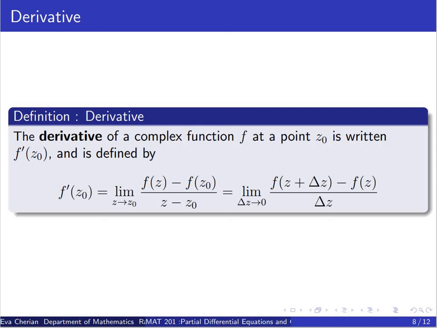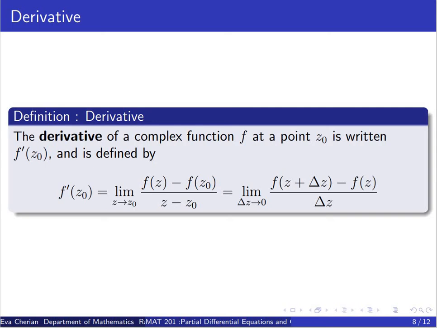Now we look at the derivative of a complex function. The derivative of a complex function f at a point z0 is written f dash of z0. It is defined as f dash of z0 equal to limit z tends to z0, (f of z minus f of z0) divided by (z minus z0).